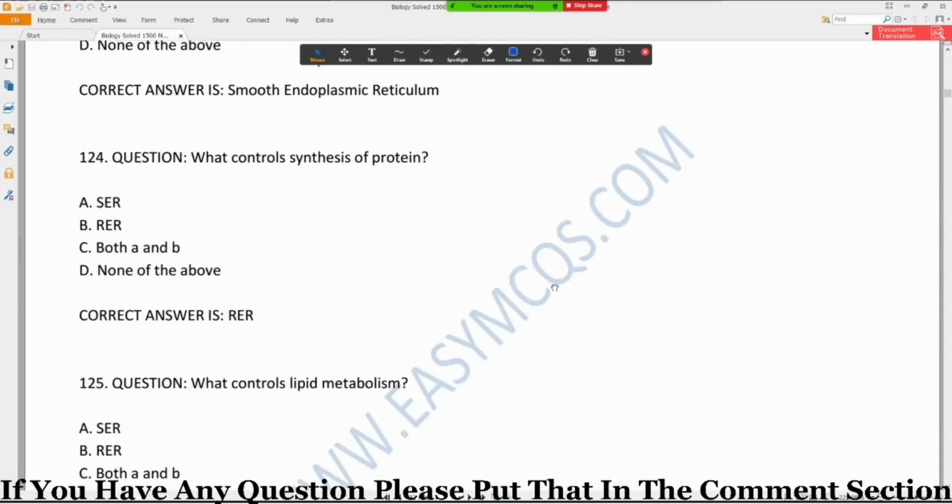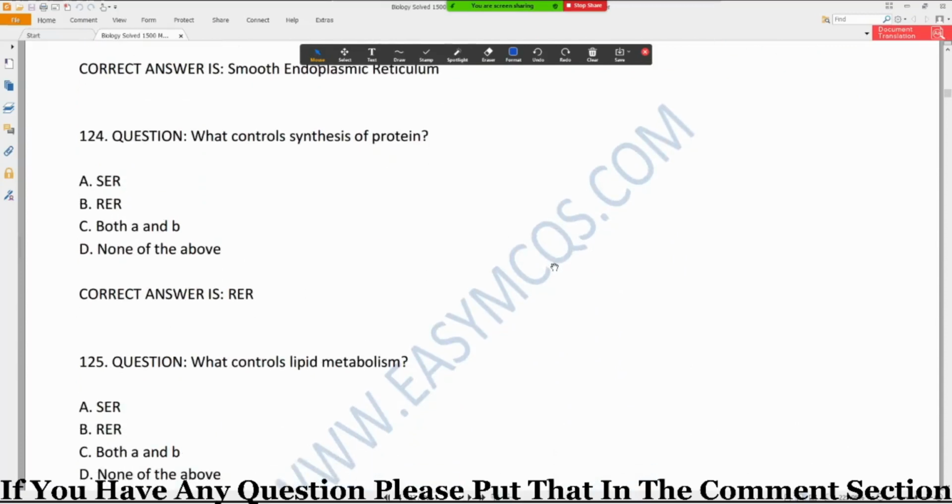Okay, question number 124. What controls synthesis of protein? Option A SER, option B RER, option C both A and B, and option D none of the above. If I draw the structure of again endoplasmic reticulum, represented by ER, it has two types: rough endoplasmic reticulum and smooth endoplasmic reticulum.